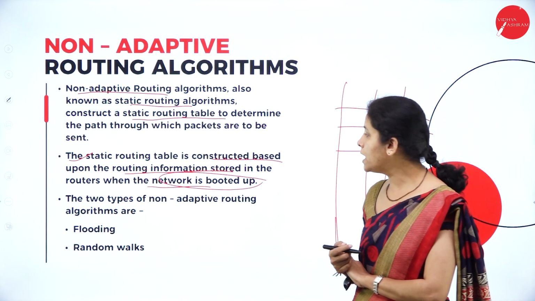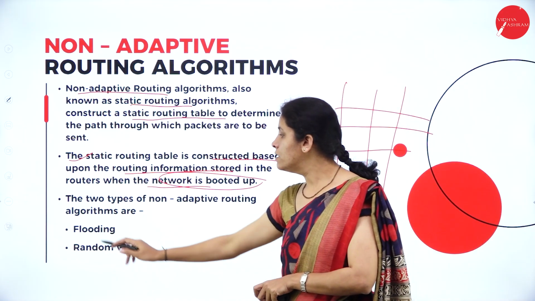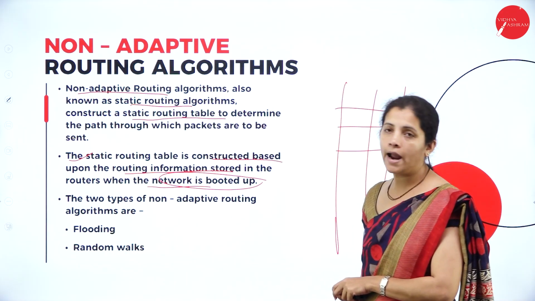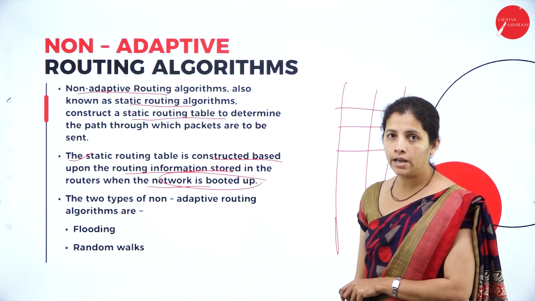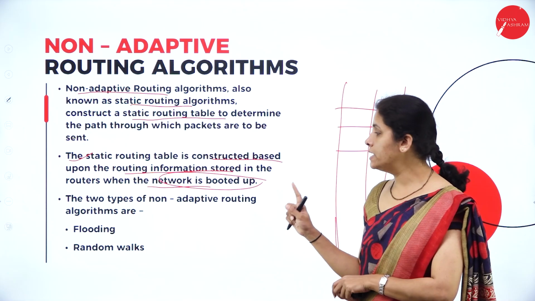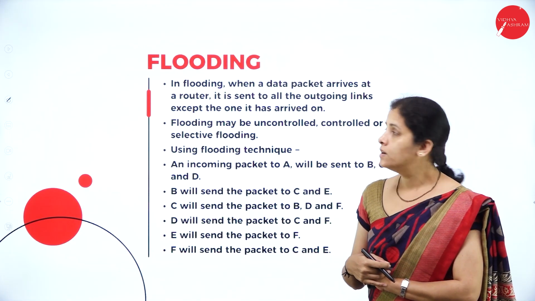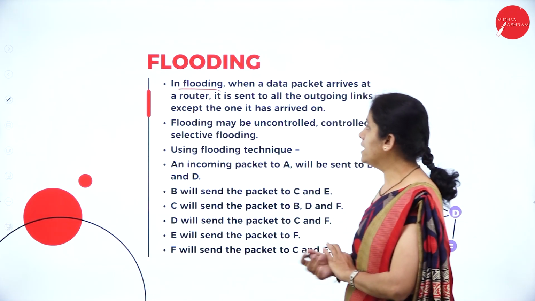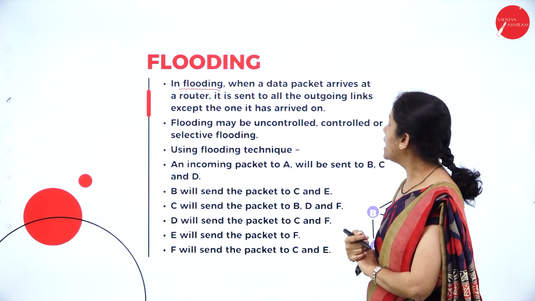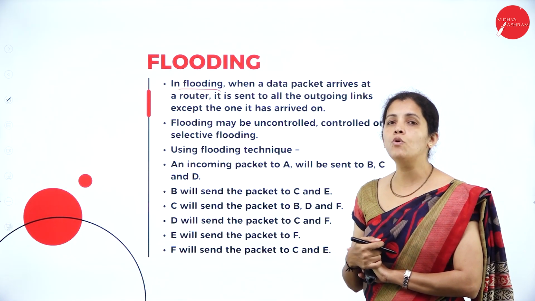And what are the two types of non-adaptive routing algorithm? That is flooding and random walks. But according to the syllabus, we are going to study flooding. So what is flooding? In flooding, when the data packet arrives at a router, okay, flood in the sense what?